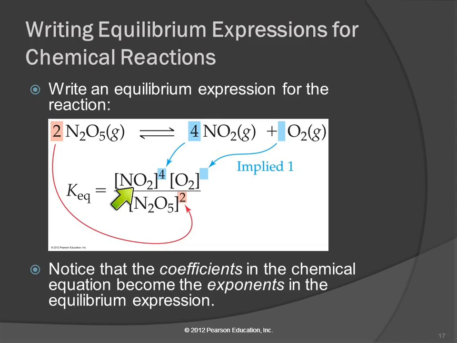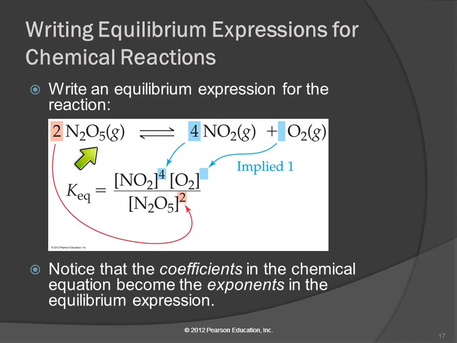So we're going to take the products, NO2, put brackets around it, and O2, put brackets around it. The brackets represent the concentration of what's inside. Here the coefficient is 4, and so this concentration is raised to the 4th power. For oxygen, the coefficient is 1. We didn't write it there, and we're not going to write it here either.